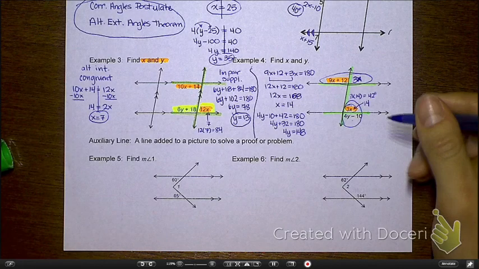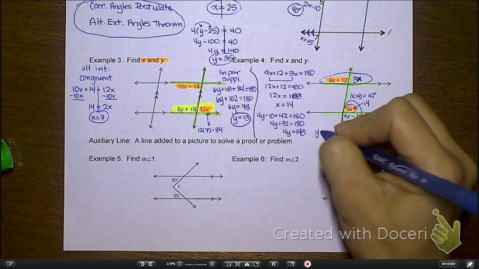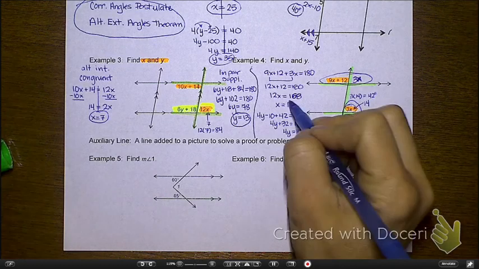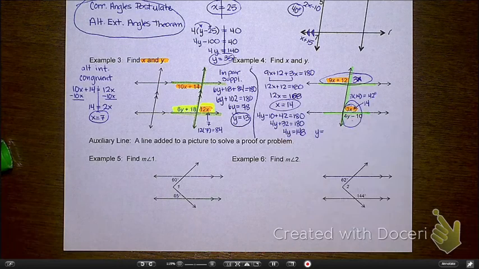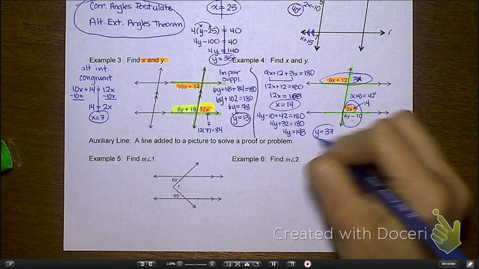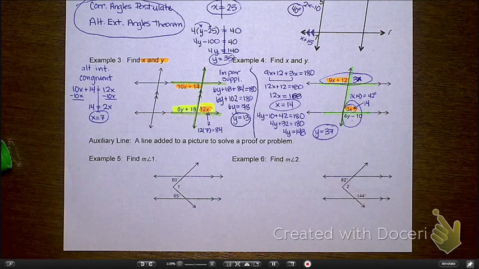Or 4 go into 148? What was it? 37. Does that make sense how we found the y value there? How many of you were a little bit stuck on finding the x value on that one? Just curious. Does it make sense now that we went over how to find the x value?